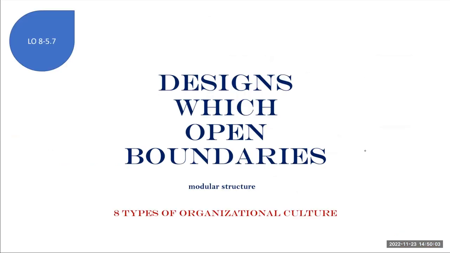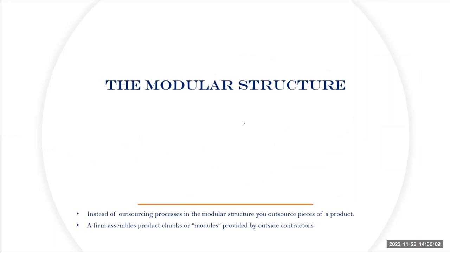The next design for a corporation would be the modular structure. A modular structure happens where instead of outsourcing a process like design or engineering or R&D, you end up outsourcing pieces of a product, right? A firm assembles chunks or modules provided by outside contractors.